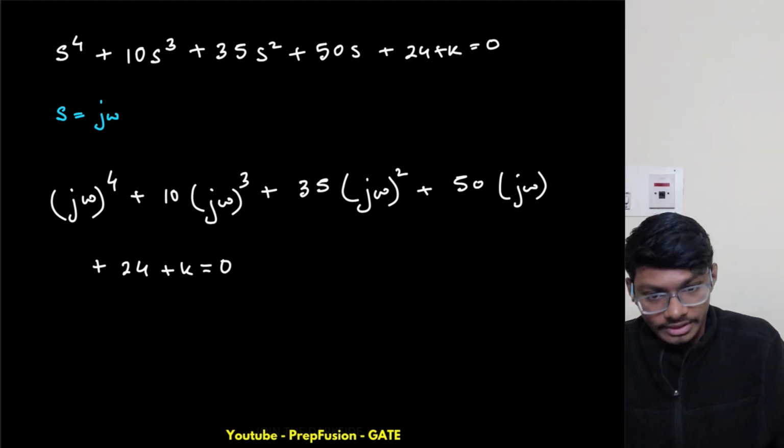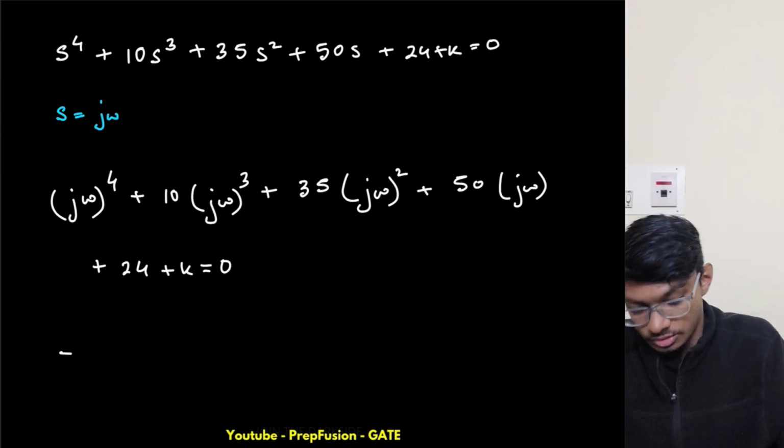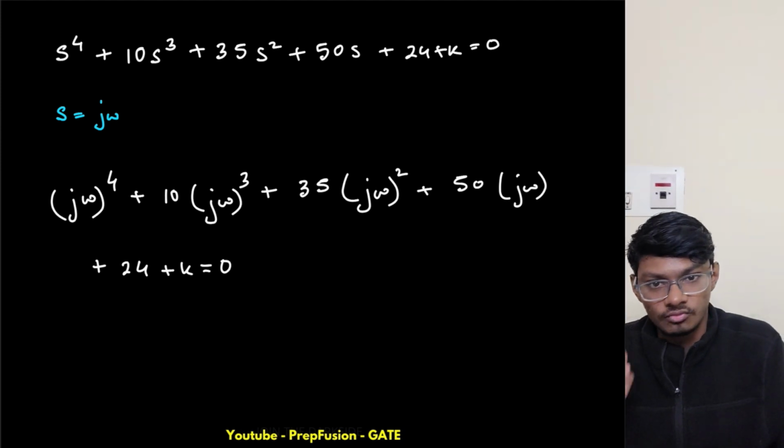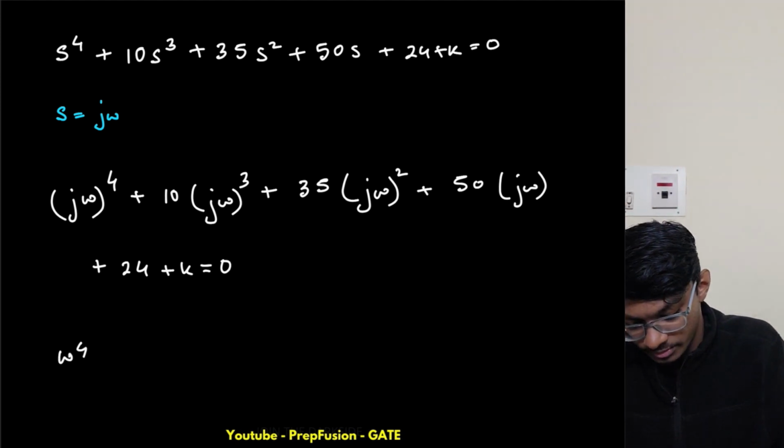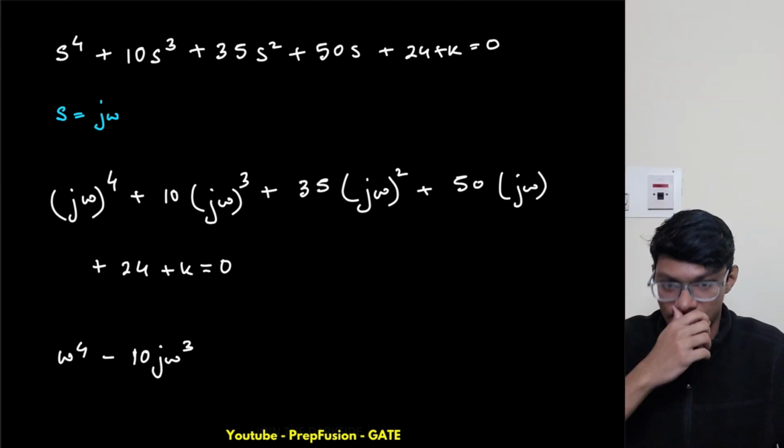So if I put s equals to j omega, I will just equate the real and imaginary terms. So this will be like j to the power 4. What is j to the power 4? It is 1. I will not explain further. So this will be omega to the power 4. This you do by yourself. Like, what is j cube? So this will be minus j omega cube, because j cube is minus j, right?